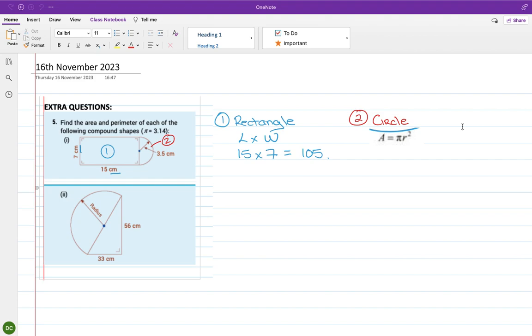So the area equals pi, which is 3.14, and the radius, you can see it's drawn. So the radius is 3.5 centimeters. And then the formula tells me to square it.